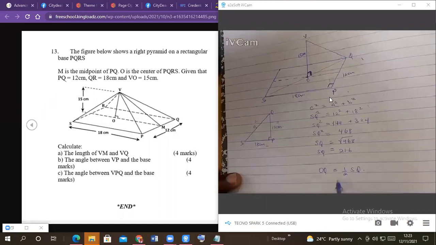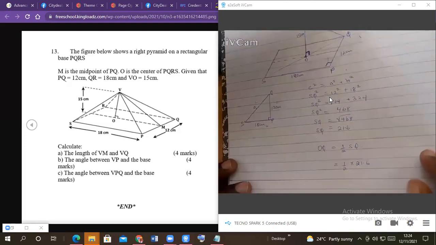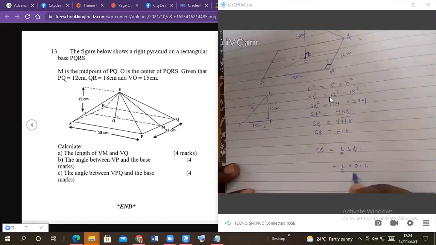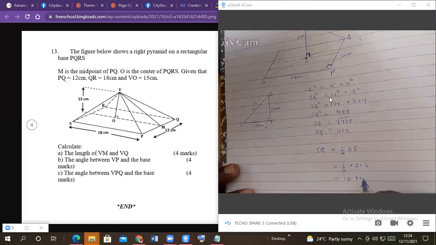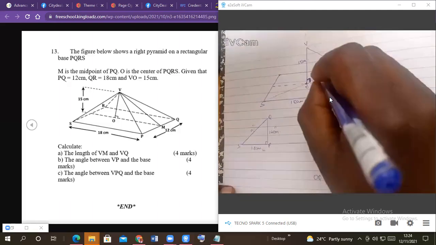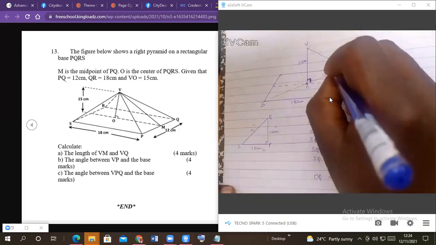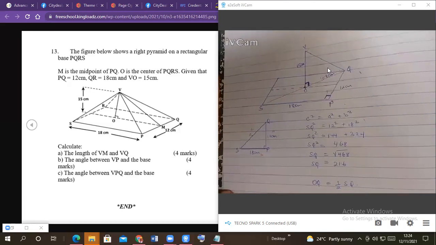So it's going to be a half times 21.6. 21.6 divided by 2, I'll get 10.8 centimeters as my OQ. So here I have 10.8 centimeters there.